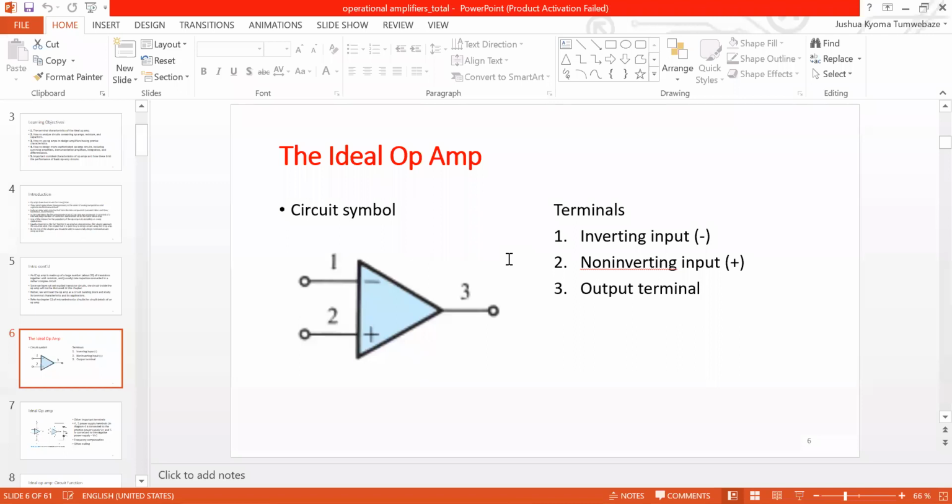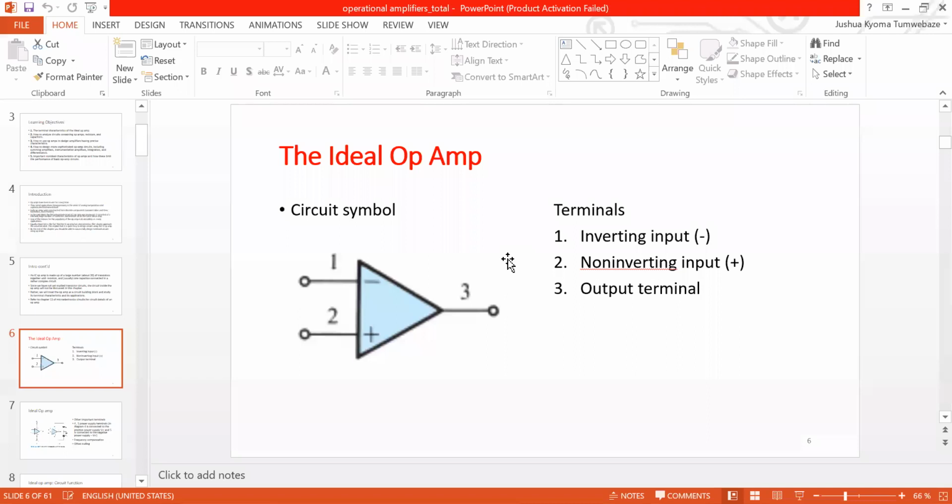Now, the ideal op amp is represented by a triangle, and inside the triangle we have a minus and plus. That distinguishes it from the ordinary amplifier. So we need to know what these terminals mean.